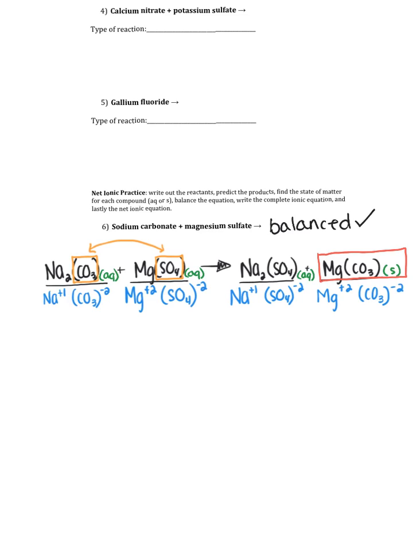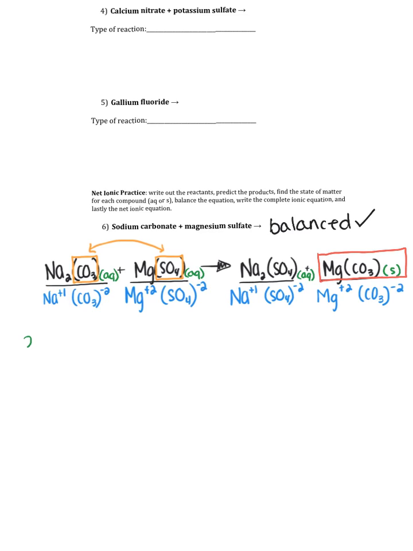So step 2 here is the complete ionic equation. What we do in this complete ionic equation is anything that has the AQ after it, anything that's aqueous, gets broken apart into its ions. And then we also use coefficients to indicate how many of each ion we have. So for example, this first one, Na2CO3, is aqueous sodium carbonate.